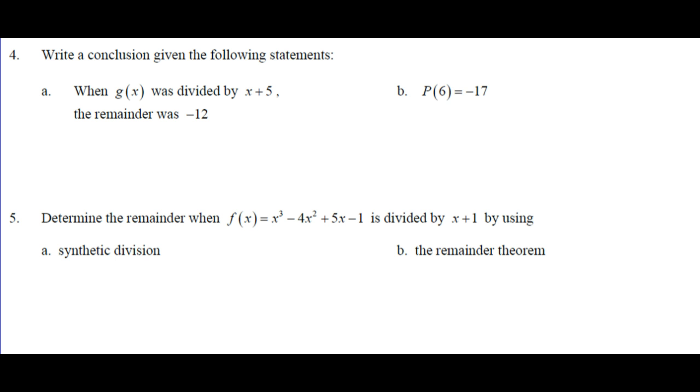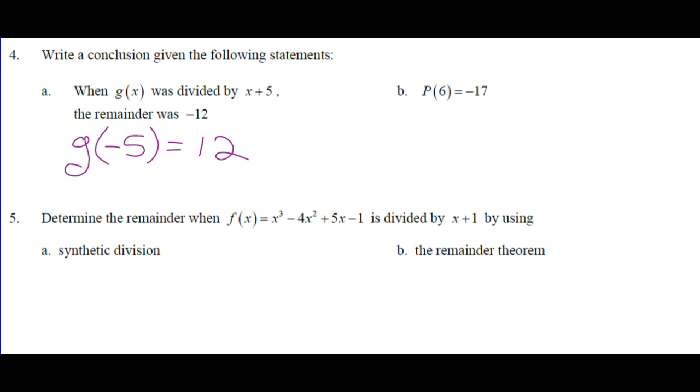Halfway. Write a conclusion given the following statements. When g of x was divided by x plus 5, the remainder was -12. Therefore, what can we say? G of -5 is equal to -12. So if you tell me, hey, I did a division by x plus 5, then the remainder you get is going to be the same as if you evaluated g of negative 5.